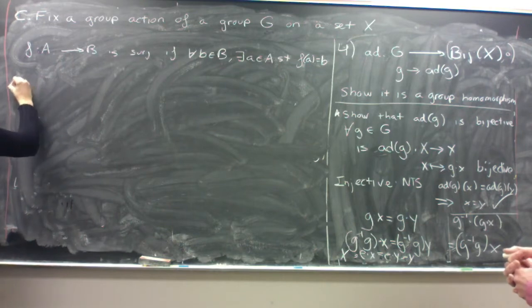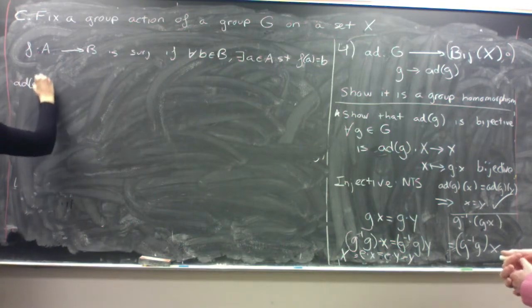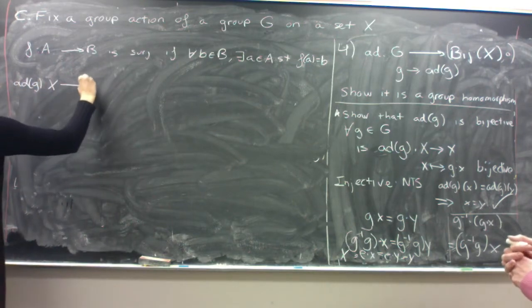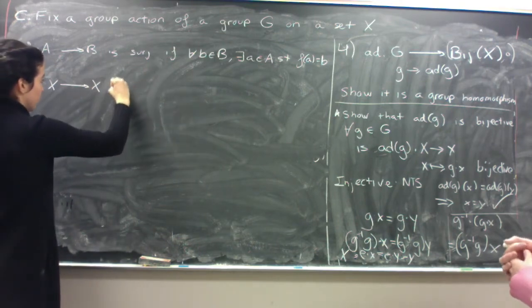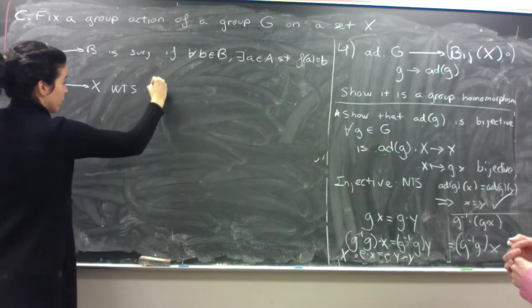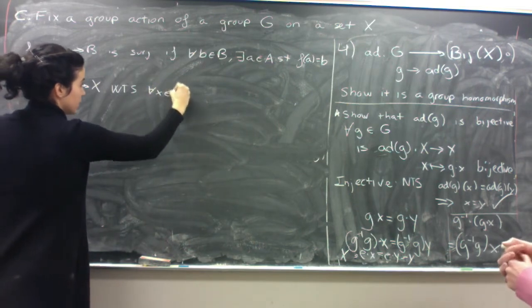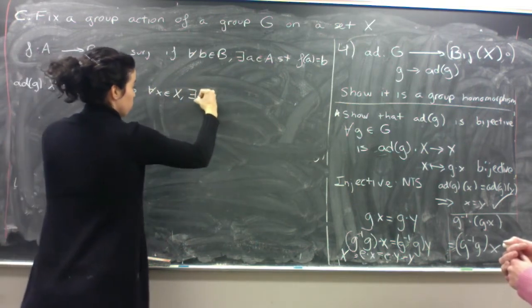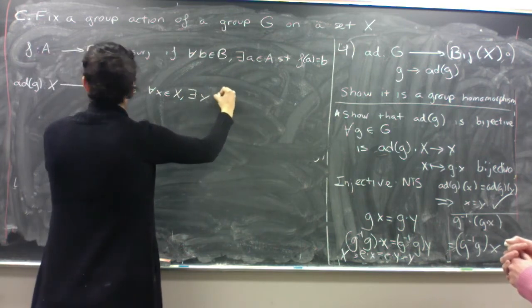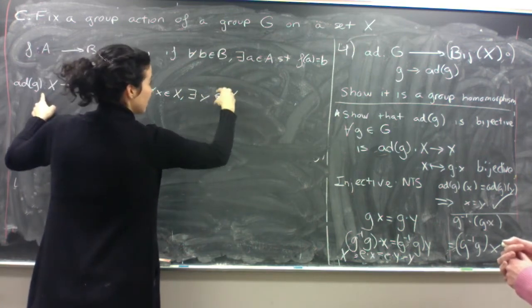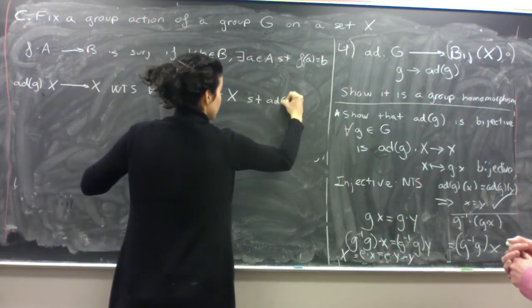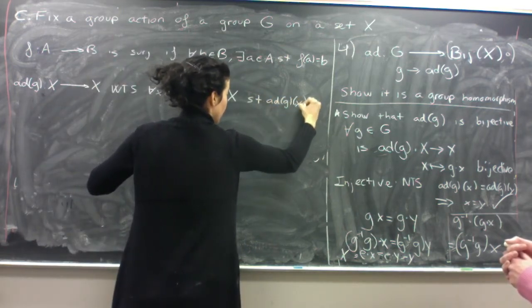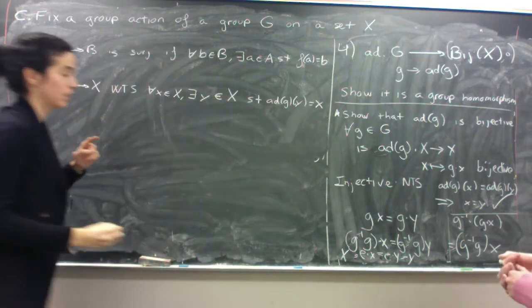Okay, but now g goes from X to X. So I want to show that for all x in X, there exists y in X such that g dot y is x.